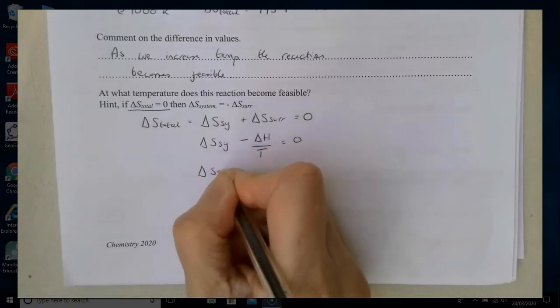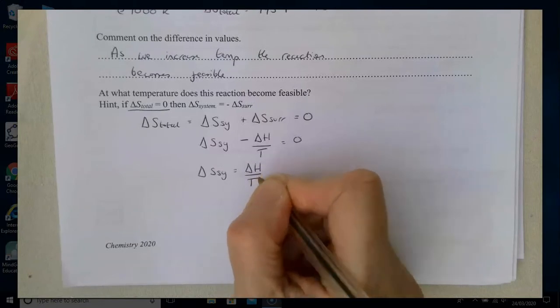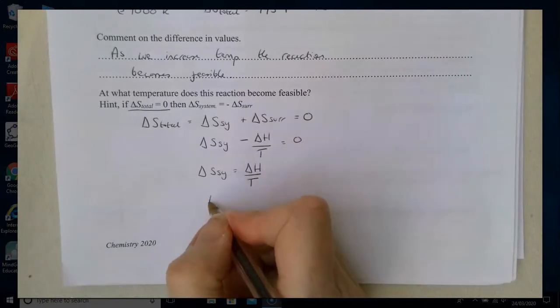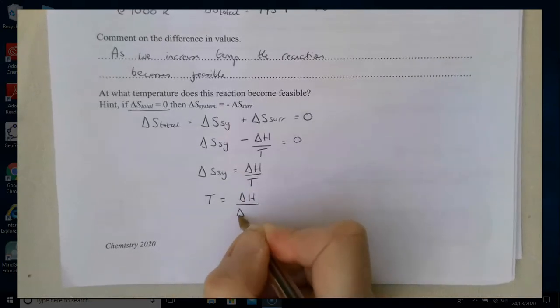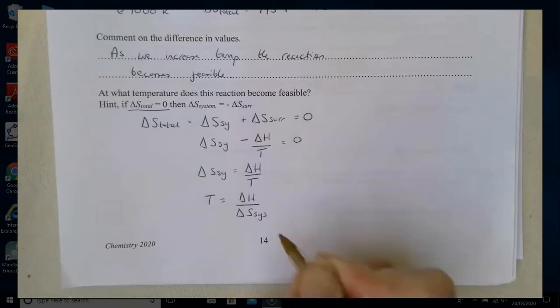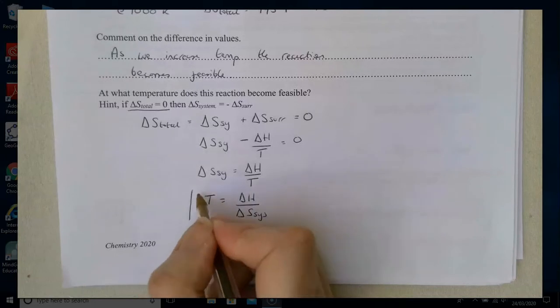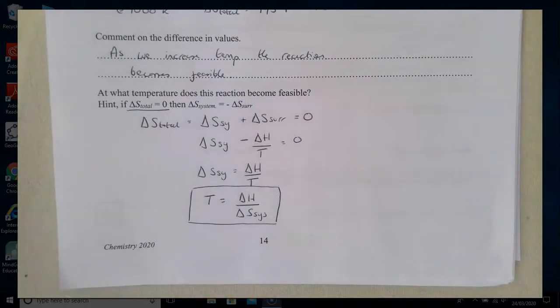So delta S system is equal to delta H over T. Notice, because I brought it over to this side, I've lost the negative sign. Therefore, T is equal to delta H divided by delta S system. Now, you can either go through the algebra, or you can basically just learn that. You need to know that value there.